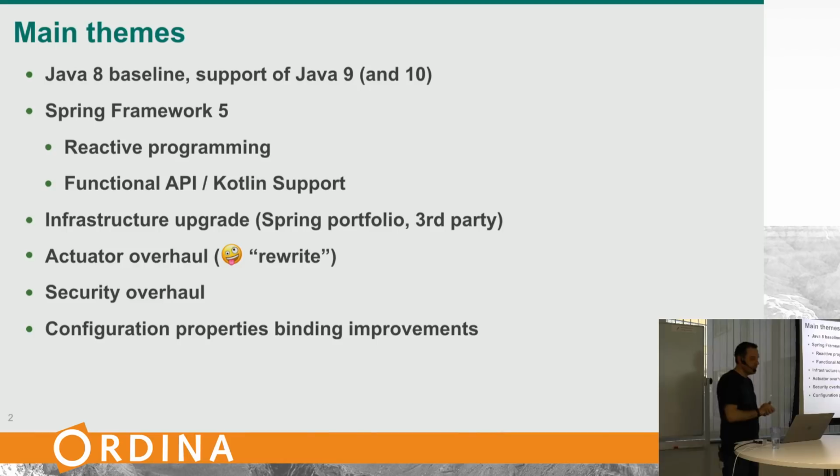Spring Security had a major release, Spring Integration had a major release, Spring Batch had a major release. We have the committer in the room. So if you're using Spring Batch and you have some questions, you can ask the committer firsthand. Right. So Spring Boot 2 will bring basically a major release of the Spring portfolio.